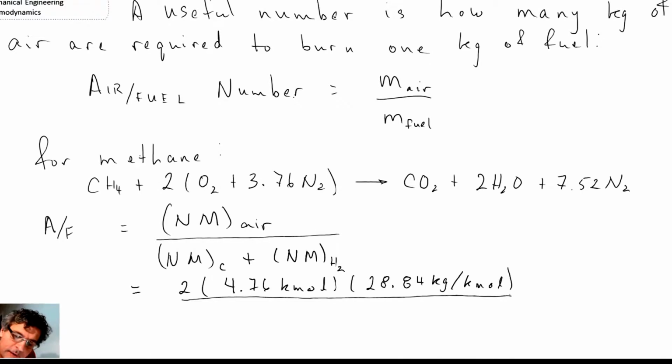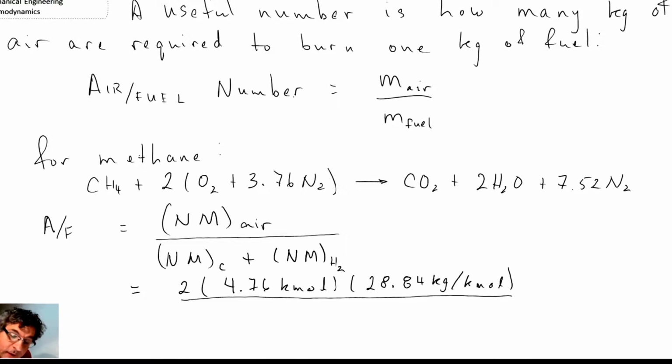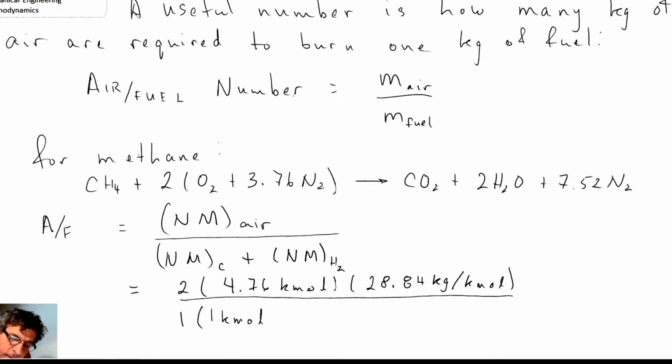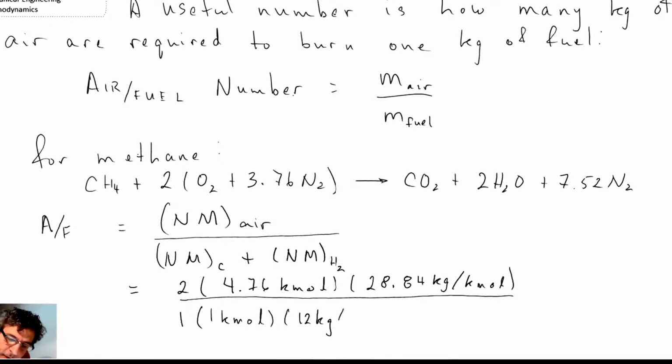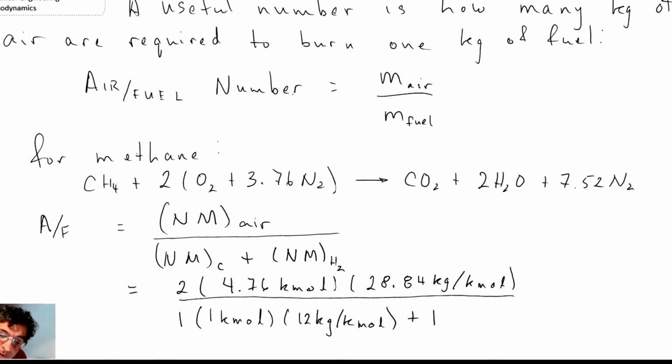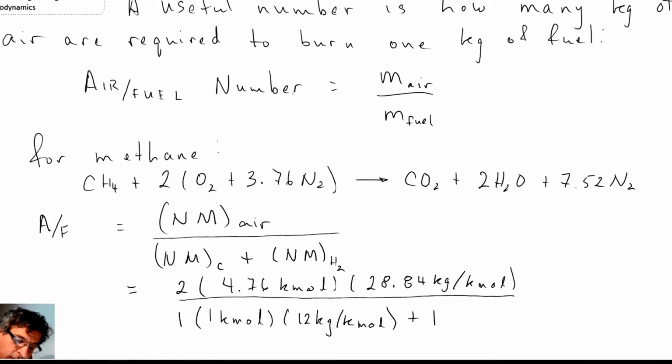And we want to now divide that by our balance for, first of all, we start with carbon. So in our stoichiometric balance, we have 1 out in front of the CH4. And then we're dealing with 1 kilomole of carbon multiplied by the molar mass of carbon, which is 12 kilograms per kilomole. Plus, now we're going to do diatomic hydrogen. So what we have in front of the reaction equation for the CH4 methane, there's a 1, and what I'm referring to is this point right here.